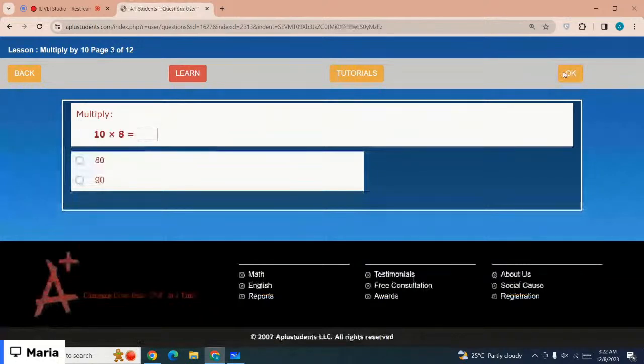The next one is 10 times 8. So which is the correct option? Yes, 8 times 1 is 8, and that is 80. So 10 times 8, the correct option is 80. Very good.